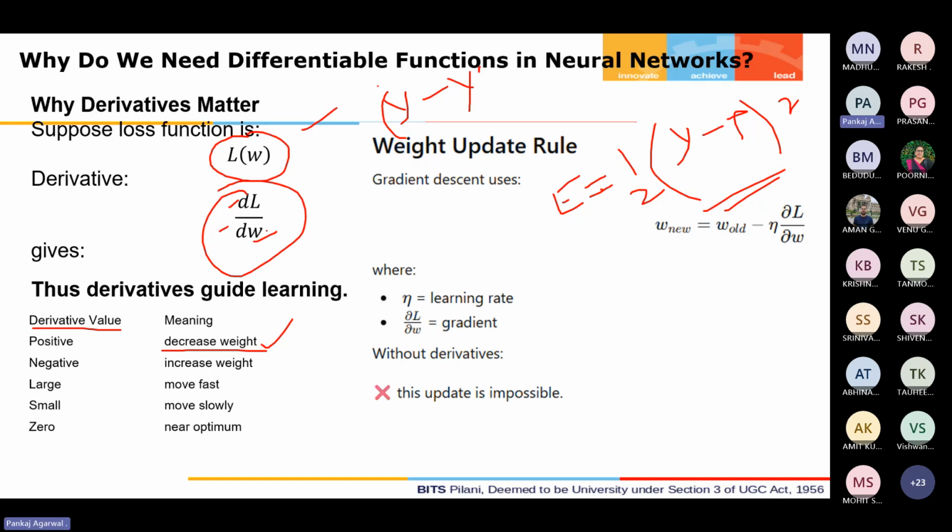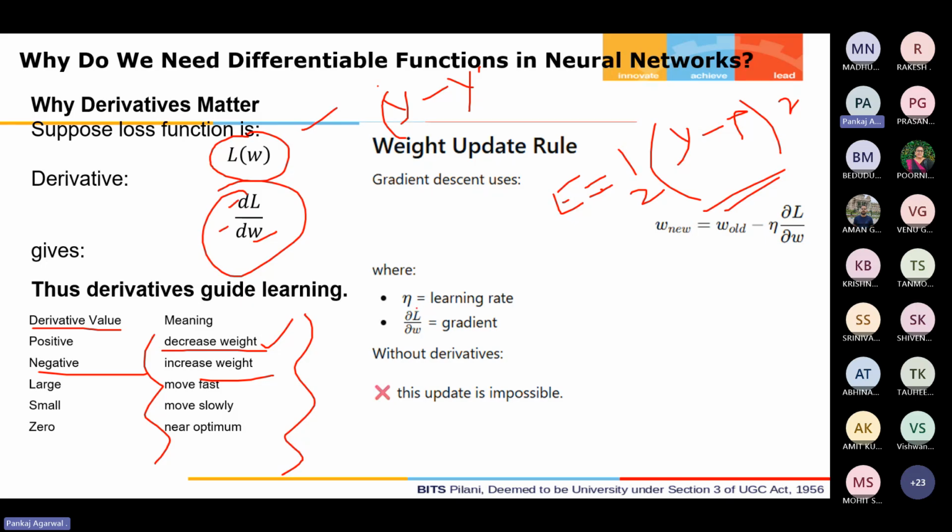If it is negative, I would increase the weights. So this is the understanding I get through derivable functions, and that is what I wanted: to understand in which direction to move, whether to increase or decrease the weights. So this understanding is required.